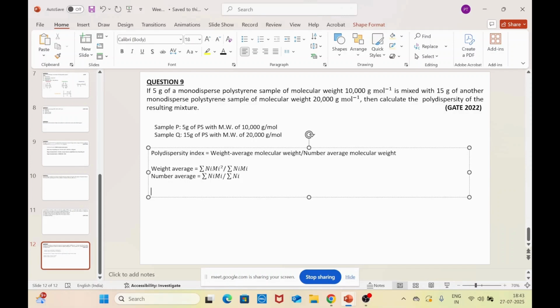Here we have two samples, so every summation will have two components.